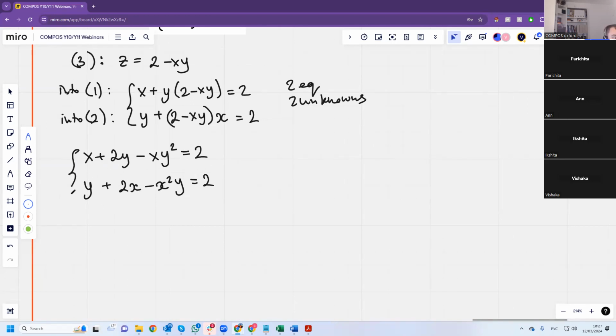Do this minus this. Okay. And actually, no, the other way around. Really doesn't matter which way I go, but I think this is going to be just slightly prettier. So it's x minus y plus 2y minus 2x minus xy squared plus x squared y equals 0.